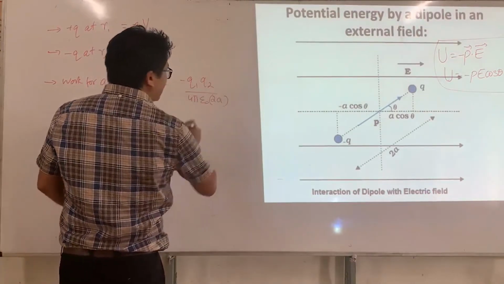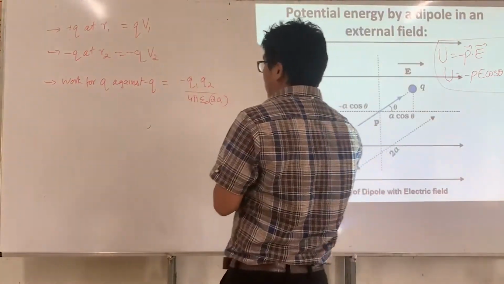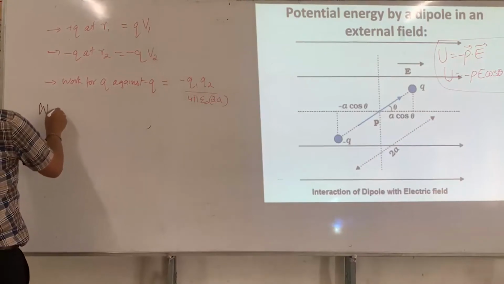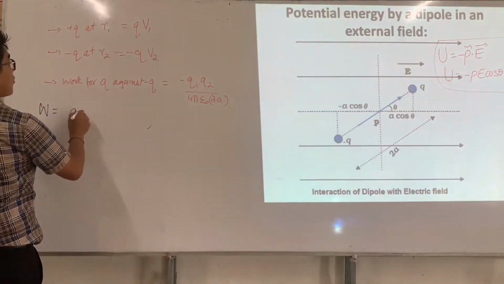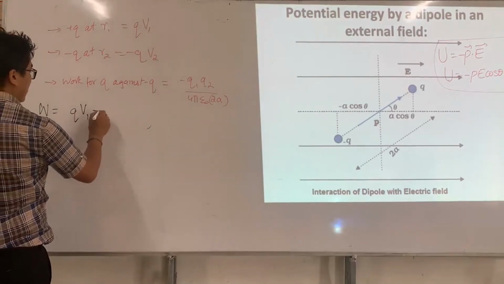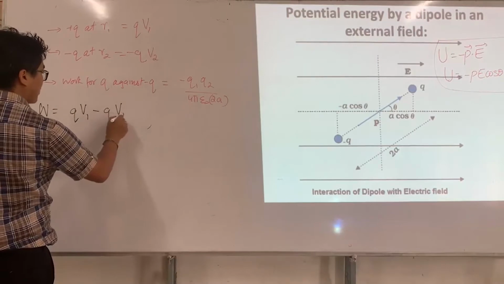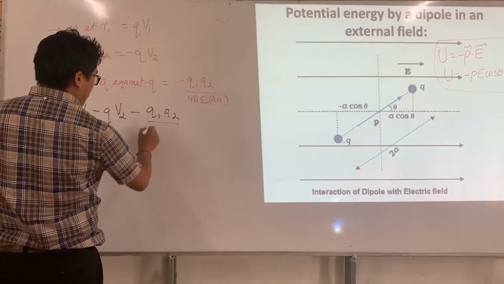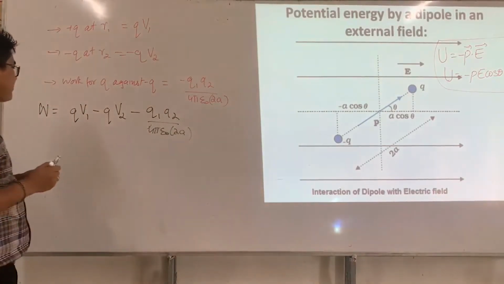Why 2a? 2a is the distance between the two charges. Now what about the total work? Total work is equal to Q1 V1 minus Q V2 minus Q1 Q2 divided by 4 pi epsilon naught 2a.